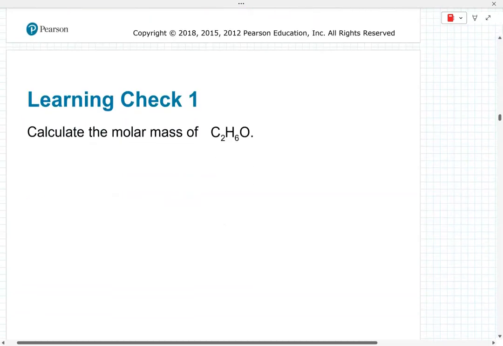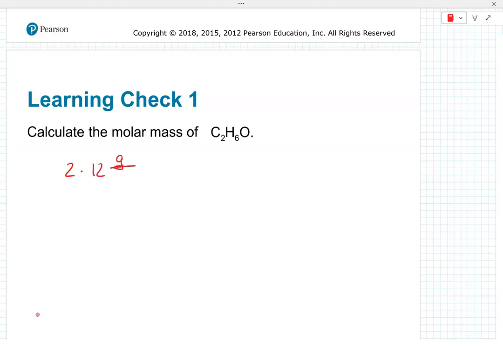So now it's pretty straightforward how you calculate the molar mass of an element. Am I right? Now, what if you need to calculate a molar mass of ethanol? So how many carbons do we have? What is the molar mass of carbon? 12. How many hydrogens?